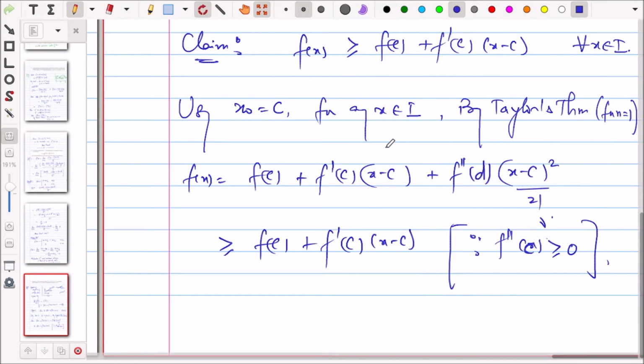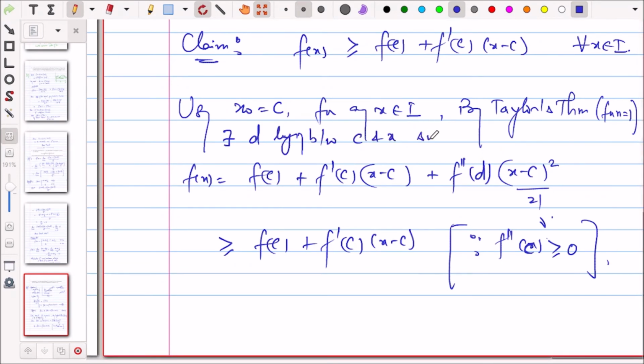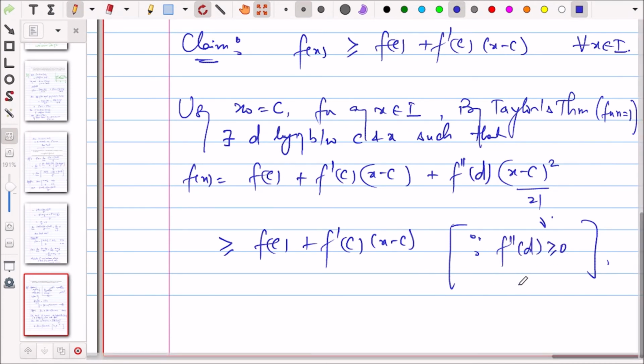So there exists d lying between c and x such that, because we are given that the second derivative is positive everywhere on I, f''(d) is positive. This is a given fact. Hence f(x) is greater than or equal to the tangent line value. Hence proved.